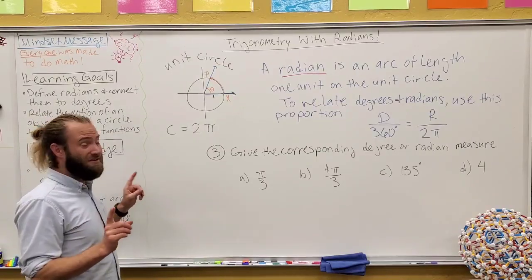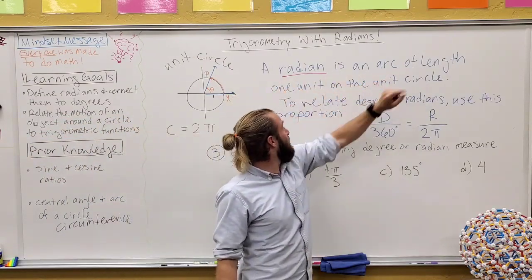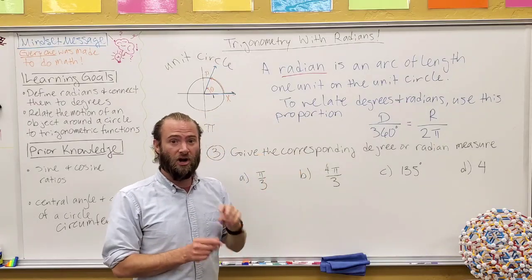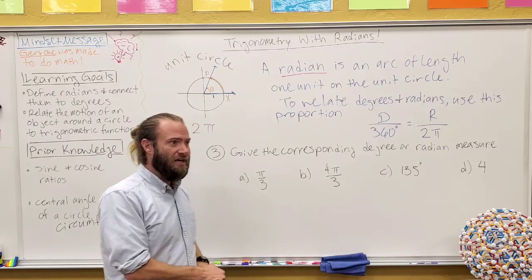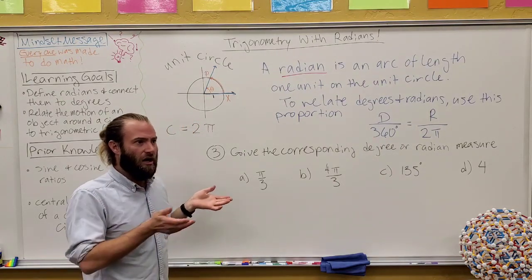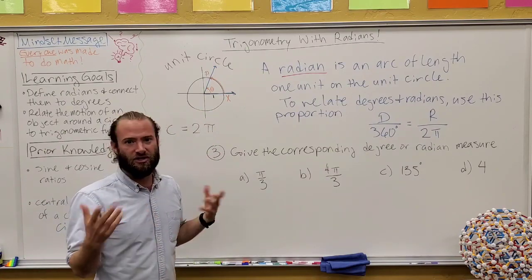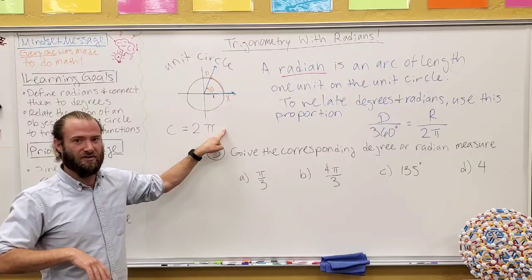So now we're at the point where we can define a radian. A radian is an arc of length 1 on the unit circle. Okay? So it's simply an arc that has the length of 1 unit. And that's nice because we can think, okay, well, how many of those fit around the circumference? We already know that 2 pi r is actually the definition of circumference, right?